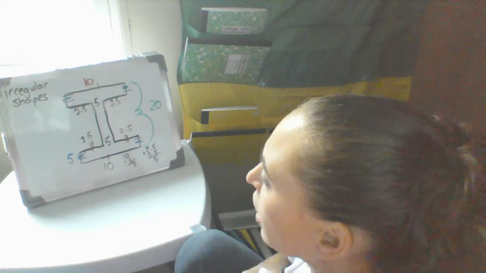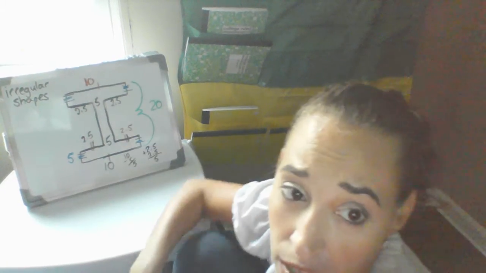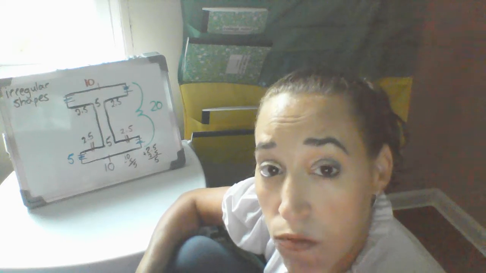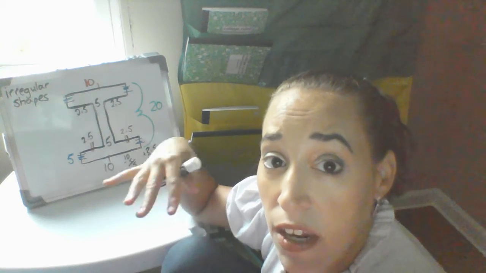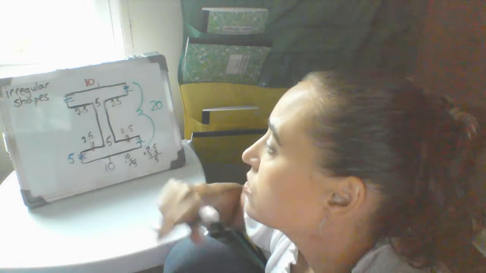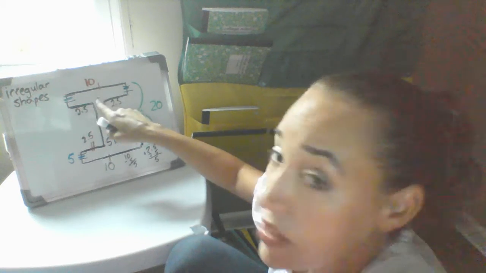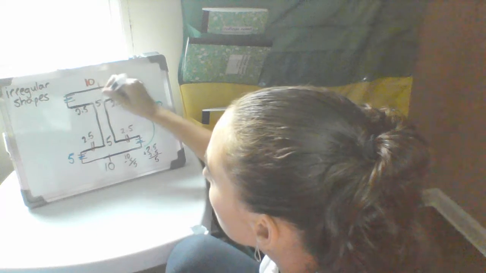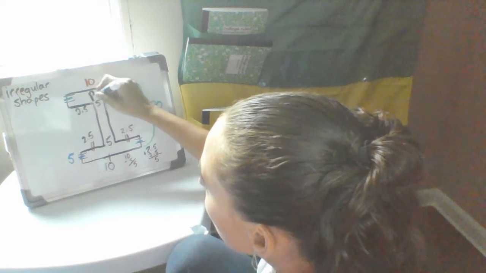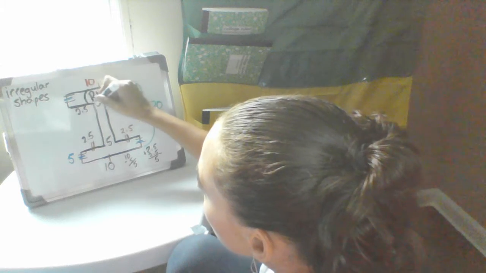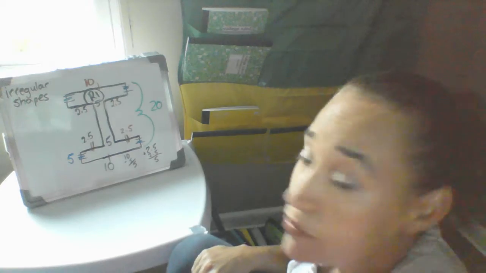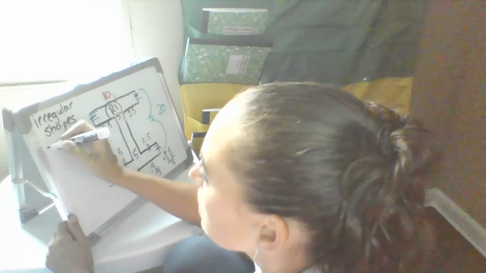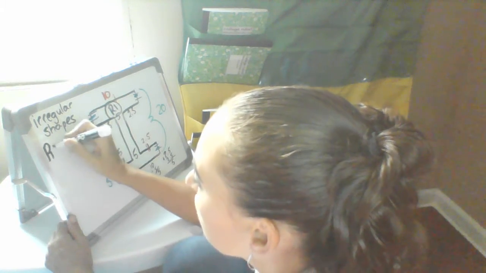Okay. So we have just rectangles here, which means I only need the base and the height of each rectangle to be able to calculate the area of that rectangle. So I told you before, I'm going to call this rectangle 1. I'm going to do my base times my height.